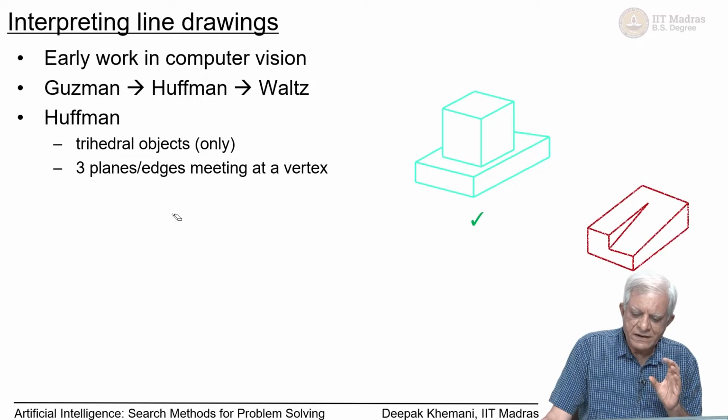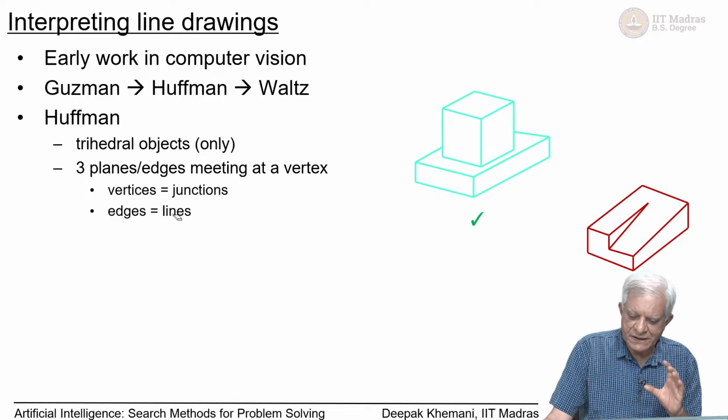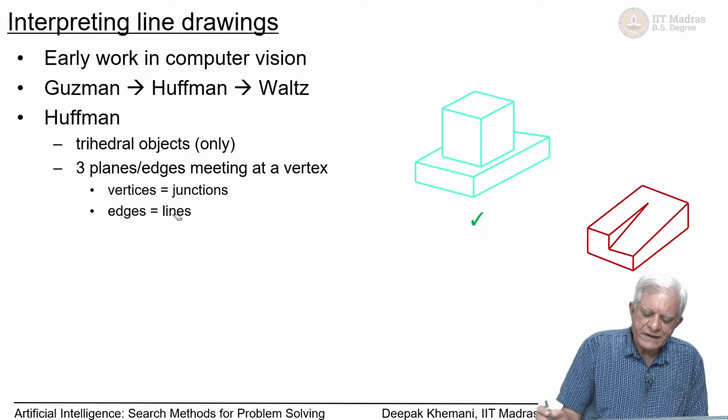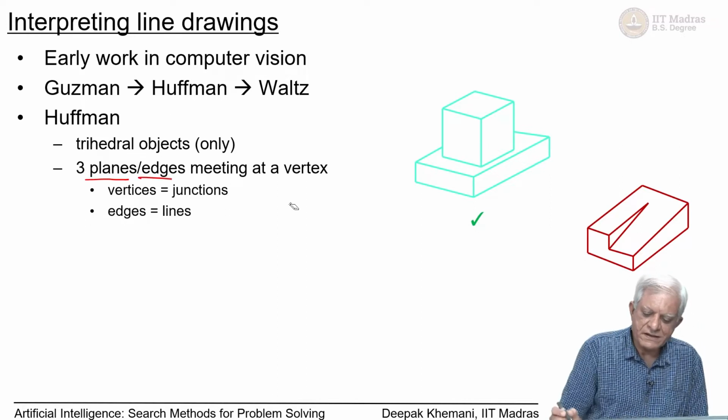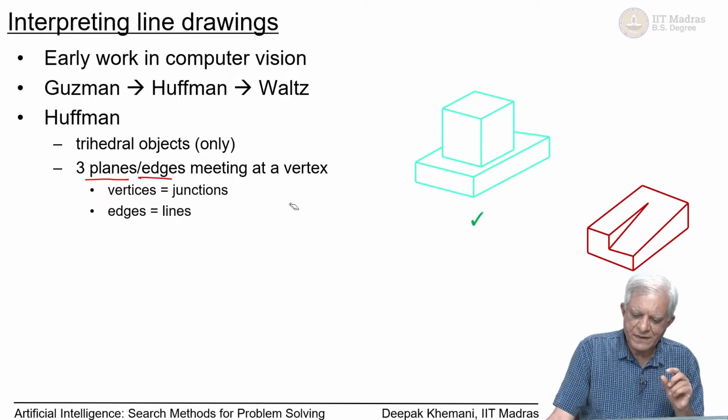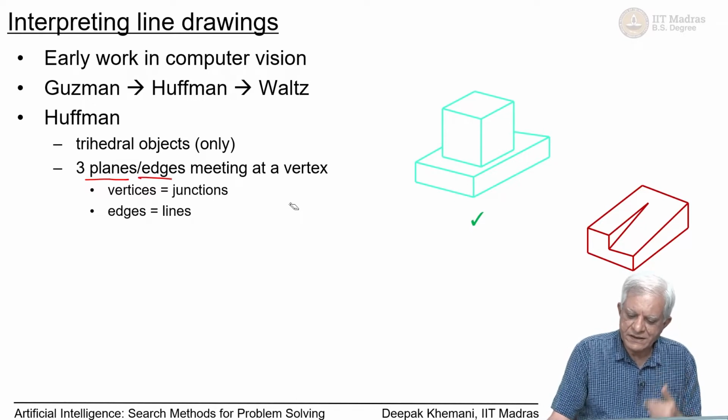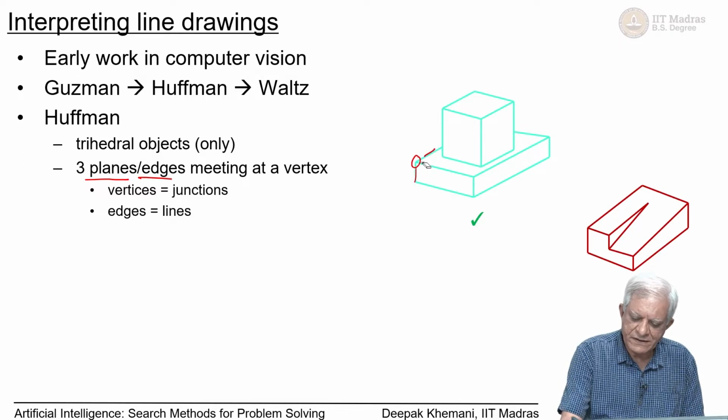He said that we are dealing with trihedral objects, only with trihedral objects, and there are no shadows, there are no cracks in these objects, these are solid objects. Each object is made up of 3 planes or 3 edges meeting at a vertex. So, each vertex in the object has exactly 3 things meeting there. So, for example, if you look at this vertex, it has 3 edges here.